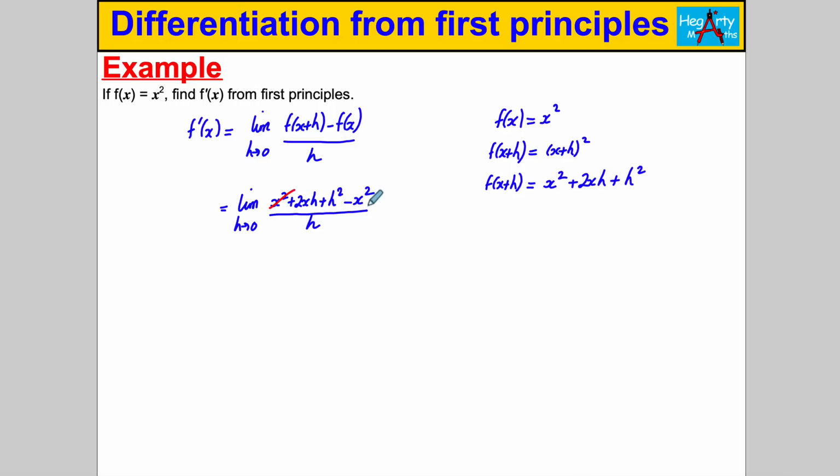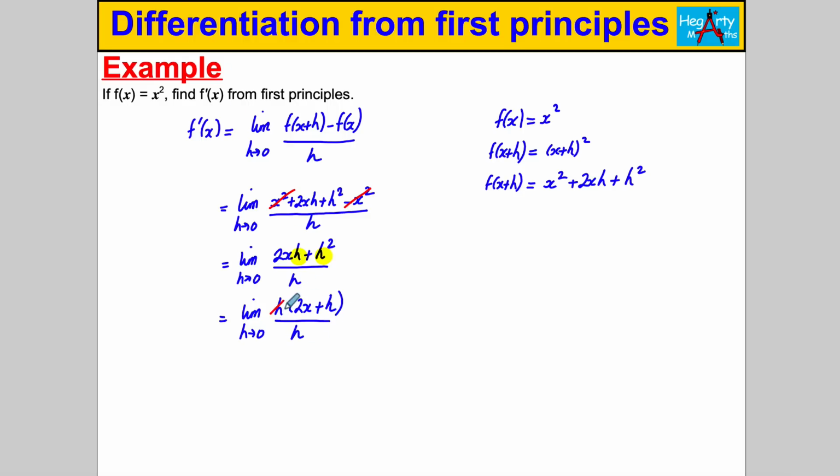Hopefully you can see here the first term and the last term eliminate each other, and what we get is therefore the limit as h tends to 0 of 2xh add h squared, all divided by h. I notice there's a common factor of h here, so I'm going to factor that out of the numerator, and that's going to be the limit as h tends to 0 of h, 2x add h, all divided by h.